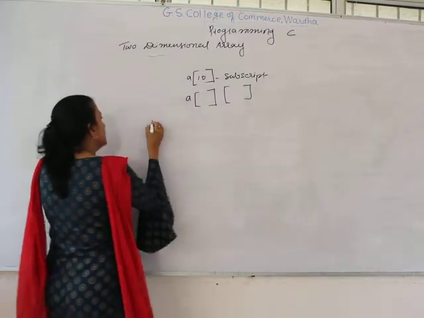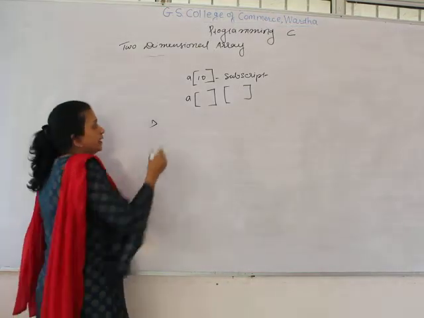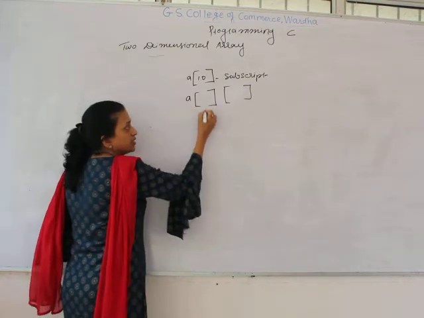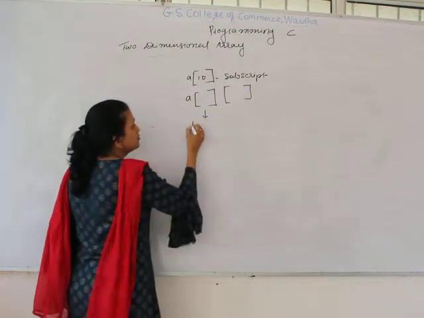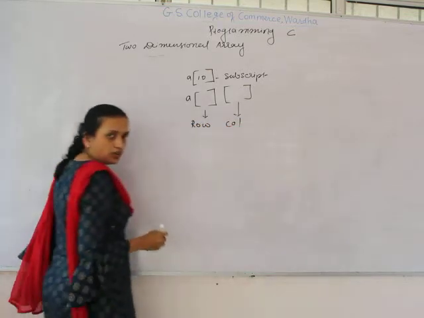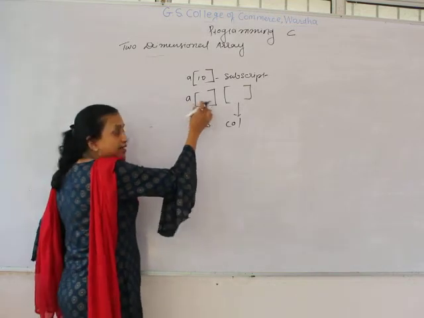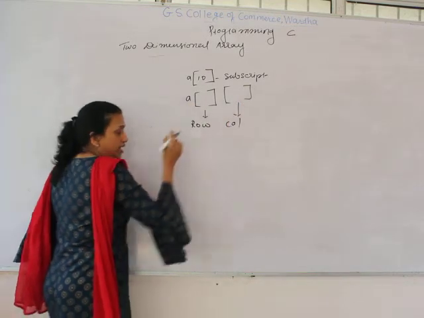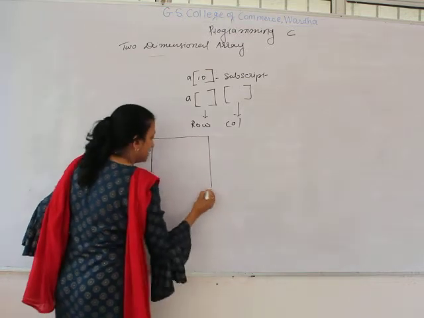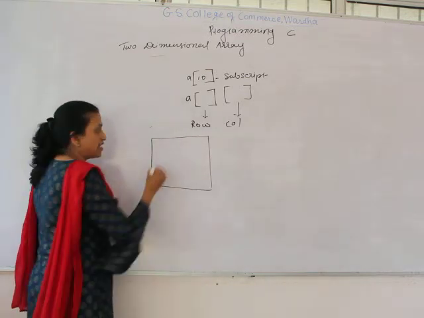The first subscripted value is for the row and the second subscripted value is for the column. As I told you, this double dimensional array is used to store the value in the tabular format, which is also known as a matrix.